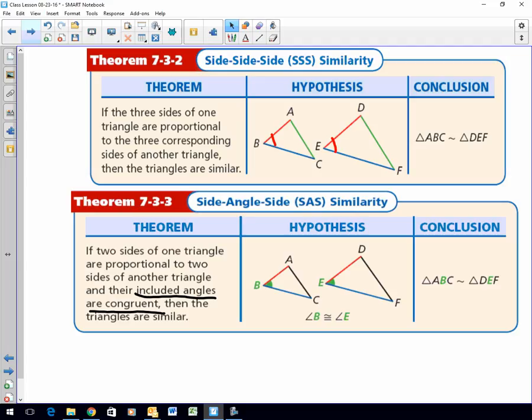In this case, line segment AB intersects line segment CB, and they form angle B. That is what we call the included angle between two sides of the triangle. An excluded angle would be either of these two angles, A or C. They're not created here. They're not between those two sides.